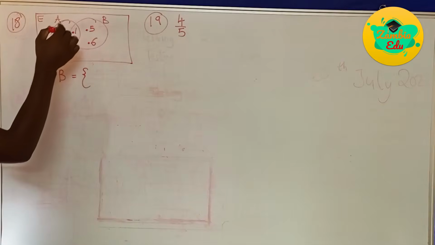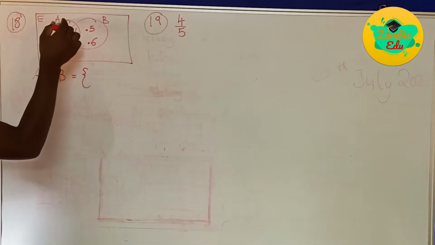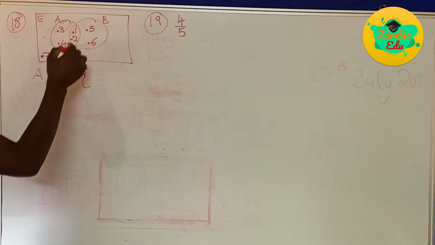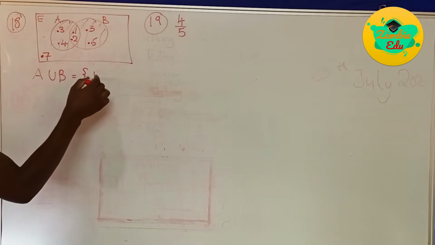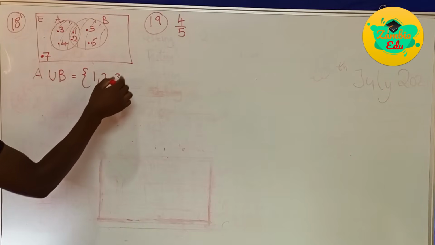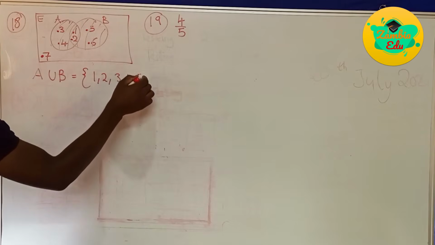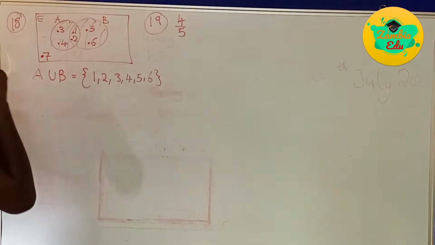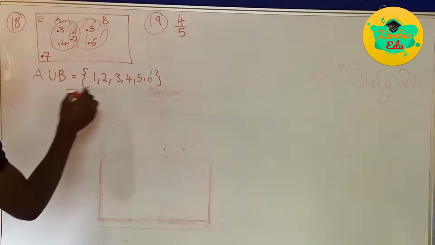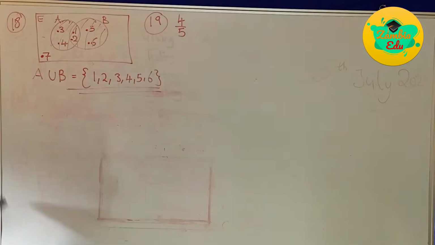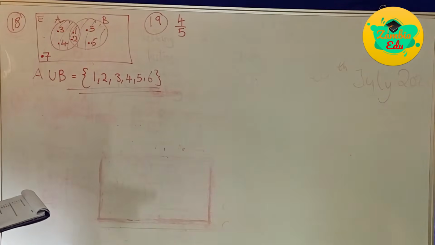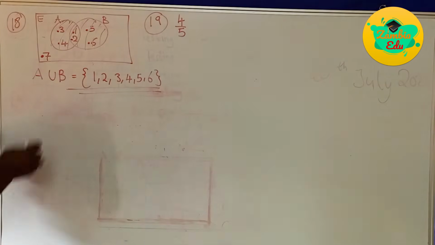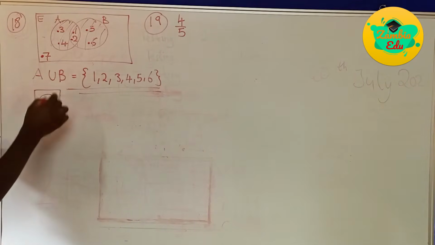So we are considering A and B, so we are covering whatever is in here. So we have 1, 2, 3, 4, 5, 6 as our elements in A union B, and that came as C. So question number 18, the answer was C.